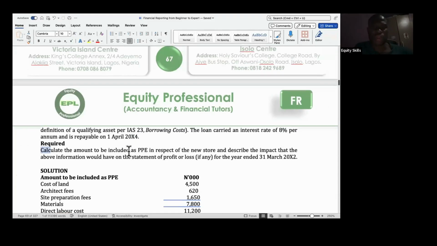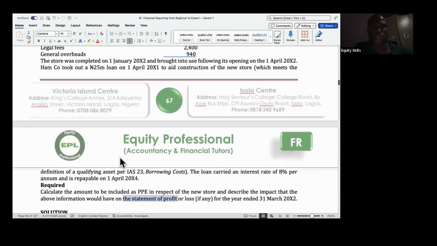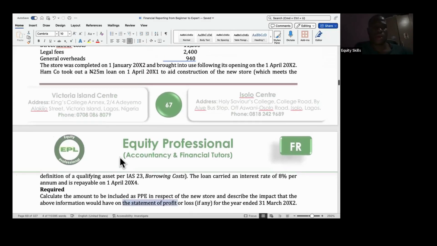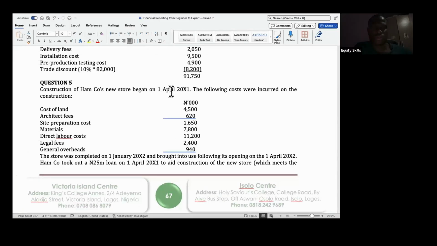Okay, similar to the last question we solved, but now they said we should also describe the impact of the above information in P&L, meaning that the items we will not capitalize will go to P&L. So they want us to show that as well. So similar questions, let's pick it one by one.